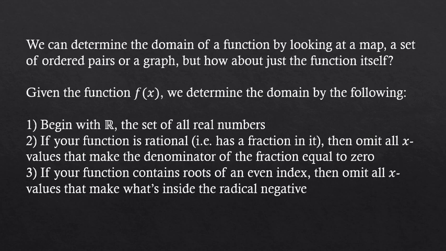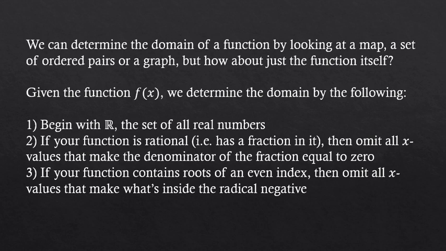Step 3, if your function contains a root of even index, then you want to find and omit all x values that make what's inside of the radical negative. We can't take the square root or fourth root or any even root of a negative number.